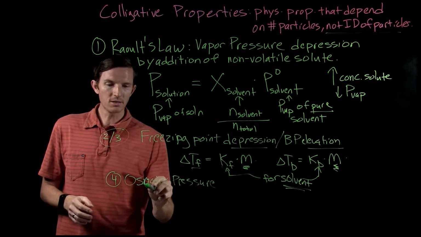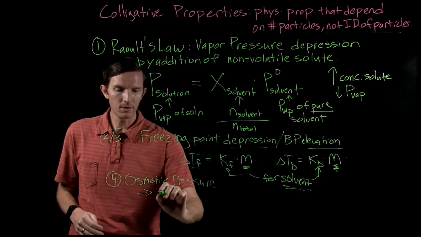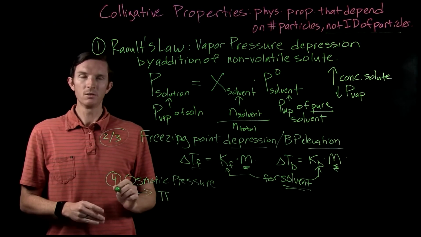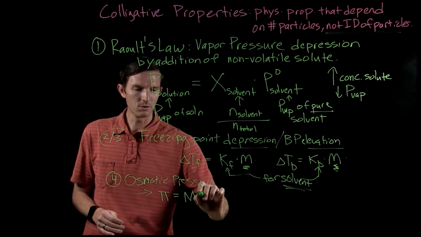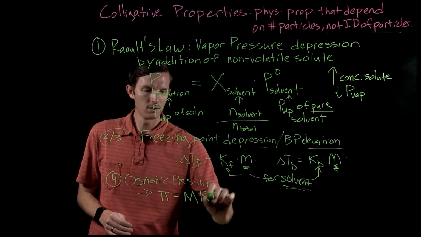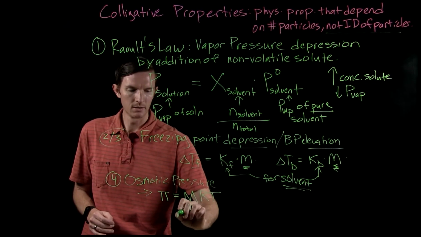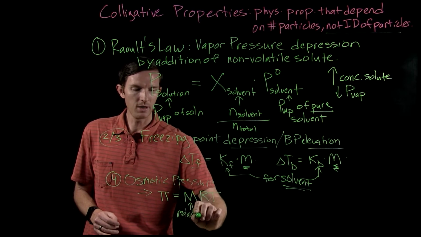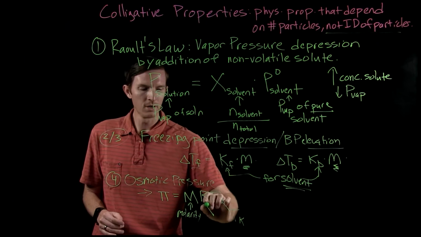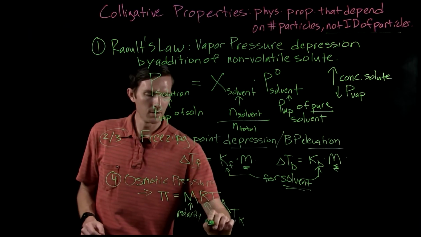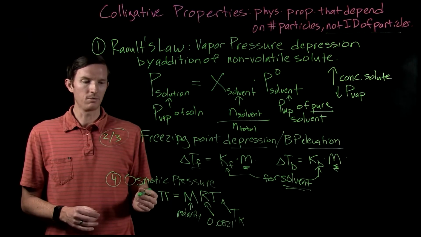We don't necessarily have time to discuss this in this video, but what we'll notice is that our osmotic pressure, which is pi, equals the molarity of our solution times R times T. This is the molarity, this would be our temperature in Kelvin, and that's our normal gas constant, 0.0821 liters atmospheres per mole Kelvin.